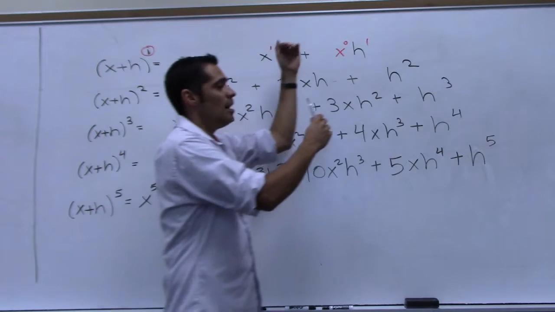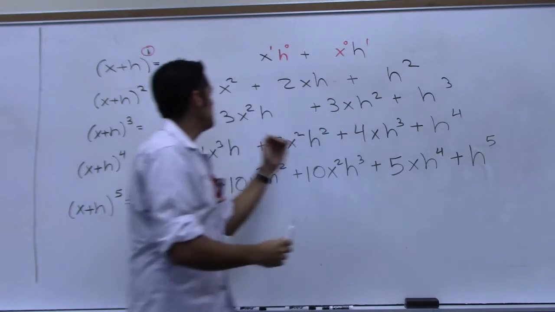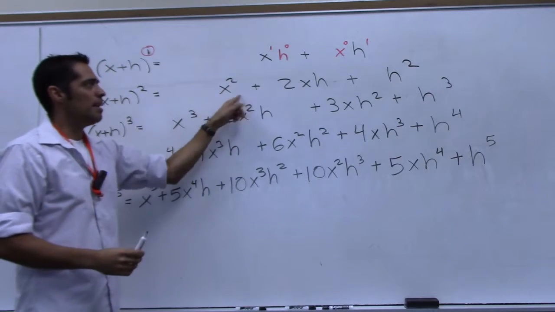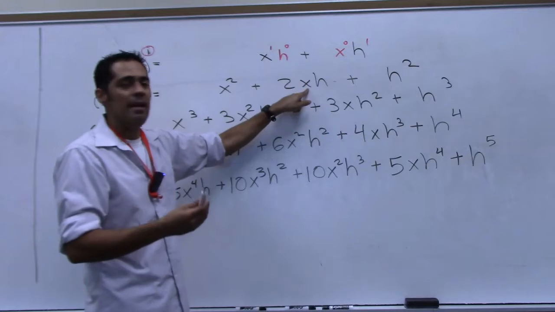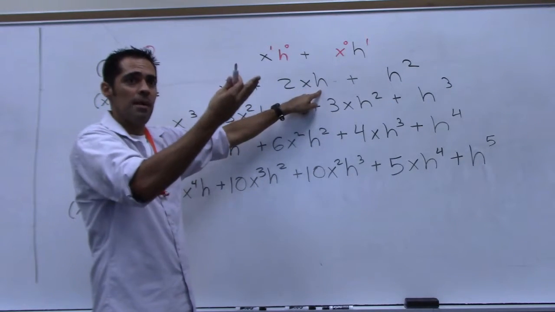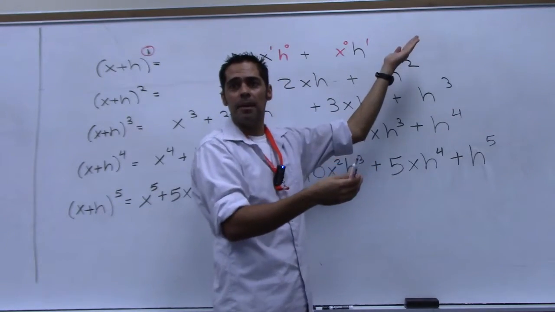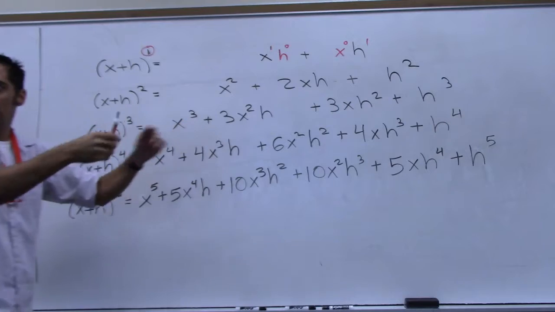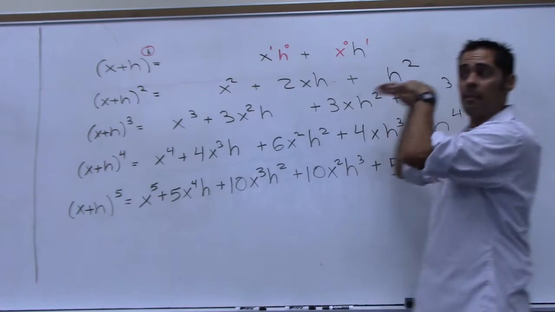And then in the next line, the power of x came down, the power of h went up, didn't it? That's the same thing that happens here. Start with x squared. How about h's? There's no h's. Next line, I have x to the first power, and now h appears, h to the first power. Next line, x power comes down. I don't have an x. h power goes up again. And that's what's happening in all these lines. The powers of x are going down as the powers of h are coming up. Do you see it?